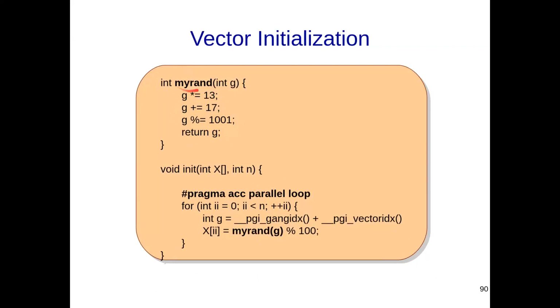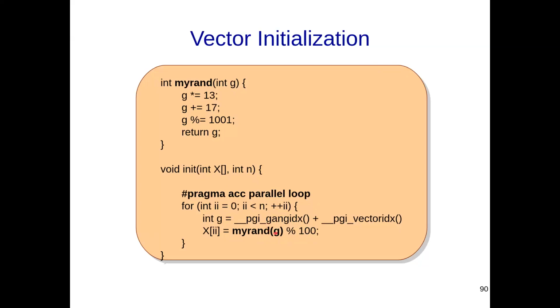However, while that function generates a random number, it also takes a parameter. And how does it work? Well, I have this ACC pragma as before, and inside the loop, I want to send some parameter to this particular function. One possibility is that I can just send i, and that will make sure that I get a different value.